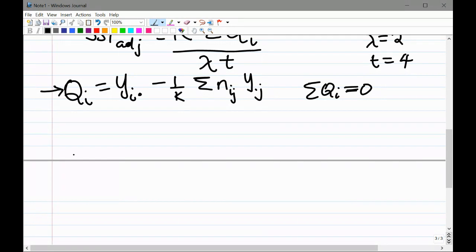So because we have 4 treatments, we must find 4 Qis.